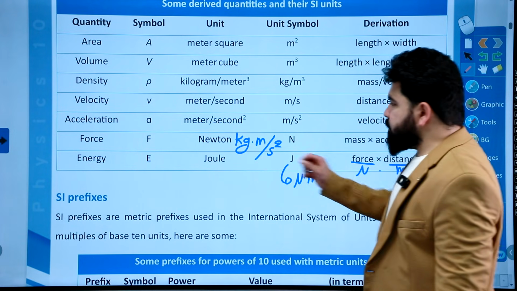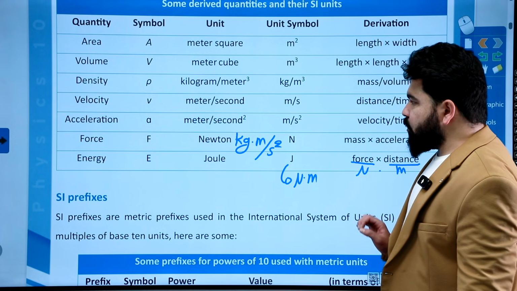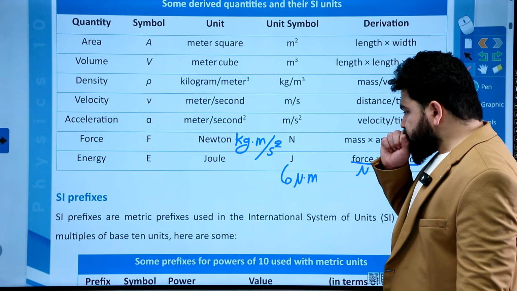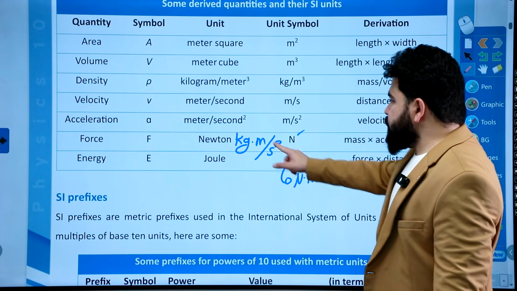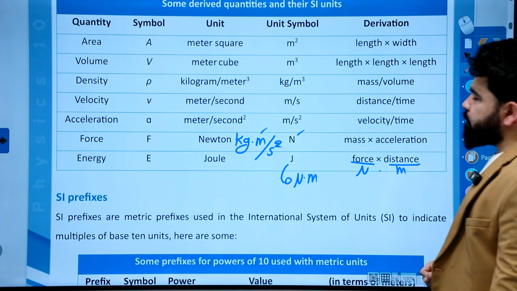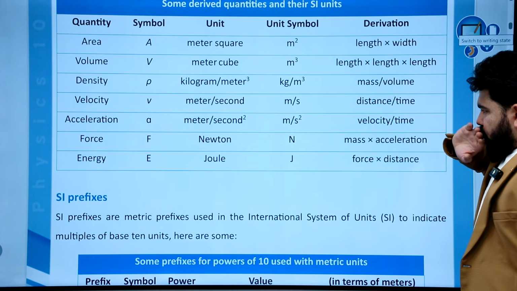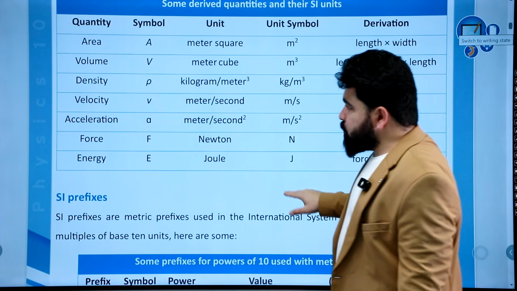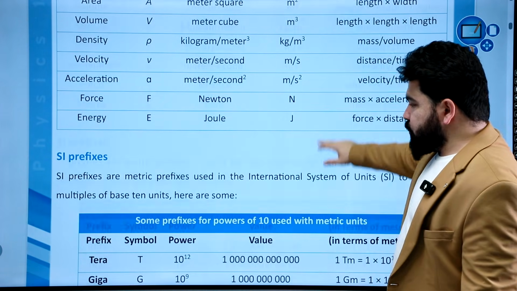So your teacher brings this back in the exam and says, which one of the following are units of force? It's either Newton or this one, or it can be both. Be careful. It can give you both in the question. So memorize these derived equations too.